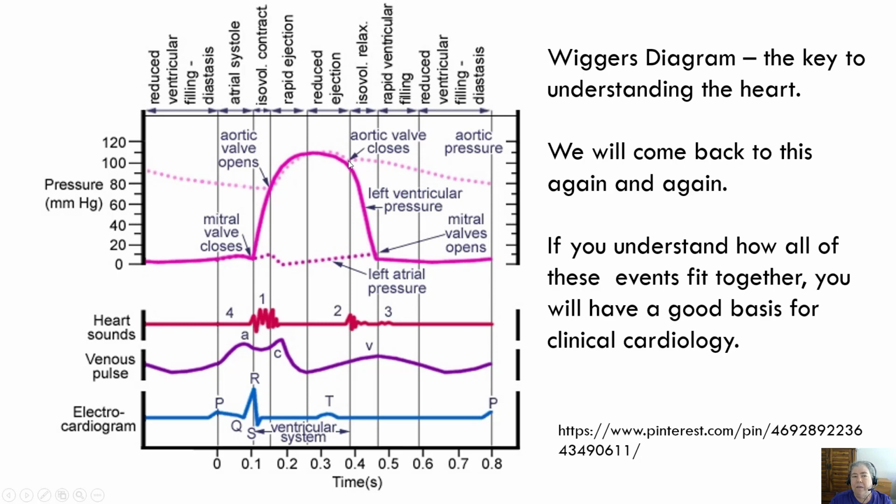And when the pressure in the left ventricle becomes lower than the systolic pressure, the pressure in the aorta, systolic pressure or afterload, then the aortic valve closes. And we have a period of time where the muscle is relaxing, volume is not changing, pressure is dropping rapidly. And that's called isovolumetric relaxation.